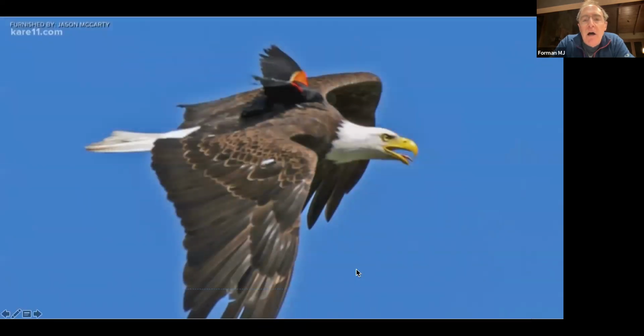Okay, so I did a lot of research trying to find really cool pictures online. And this was one of my favorite pictures. This is a red-winged blackbird that is alighting on top of a bald eagle. And this picture was taken in Minnesota. Many of you may know that red-winged blackbirds are quite territorial.